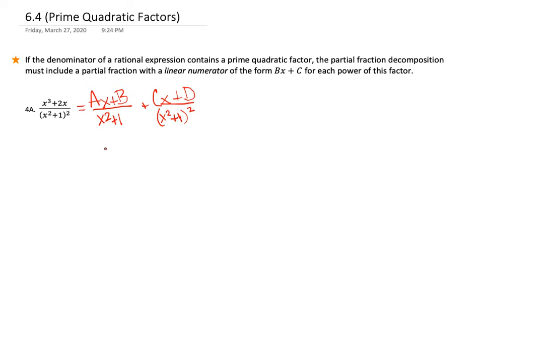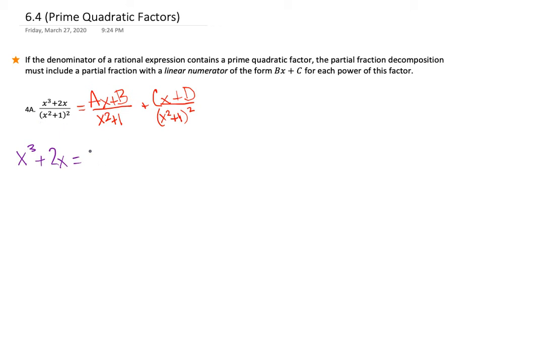Okay, and this isn't too bad. Let me switch some colors around. So when I look at this one, first I'll write down my numerator here, x cubed plus 2x. This is just missing one of these, because we have to get to this.